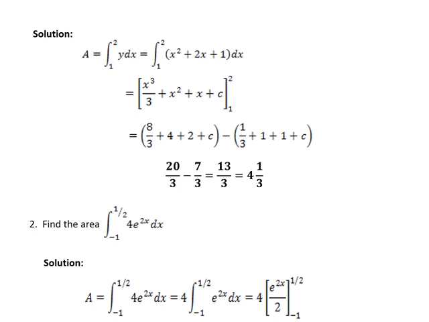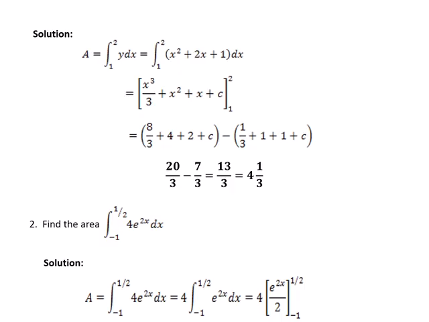The other example: find the area of the integral of 4 exponential 2x dx from -1 to half. So the interval is also given, that is the boundary values from -1 to half, and we are now substituting back into that formula where we have A equal to the integral of y dx, with the boundary value from a to b.